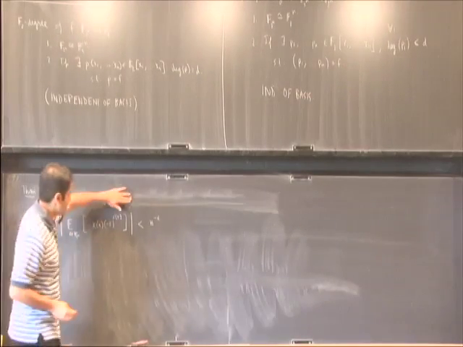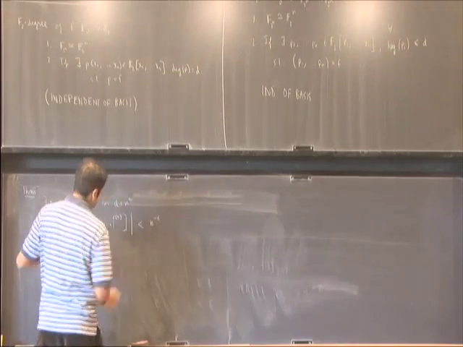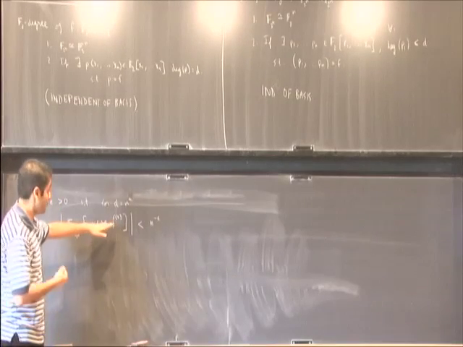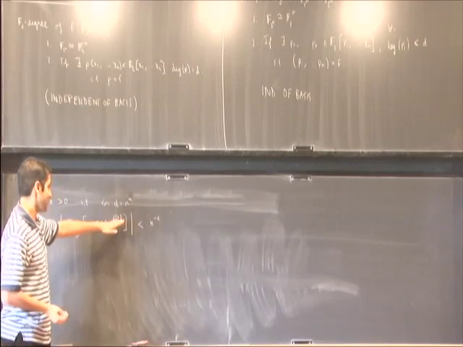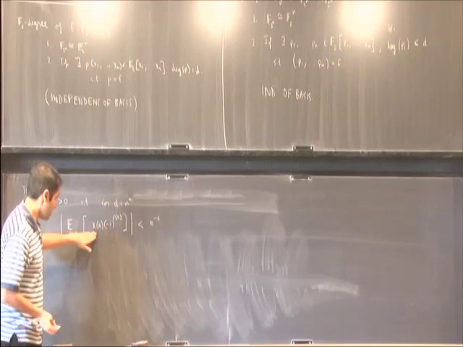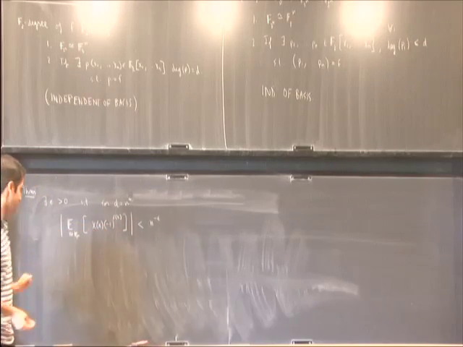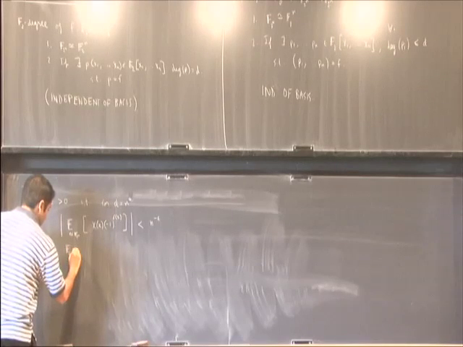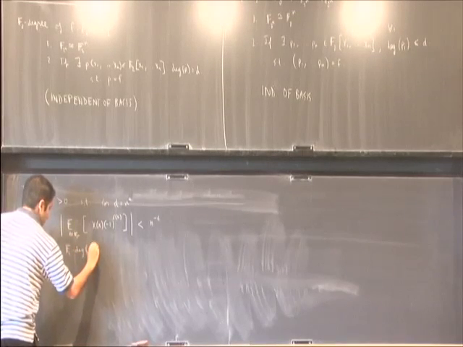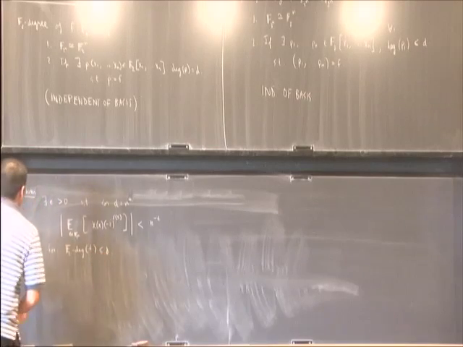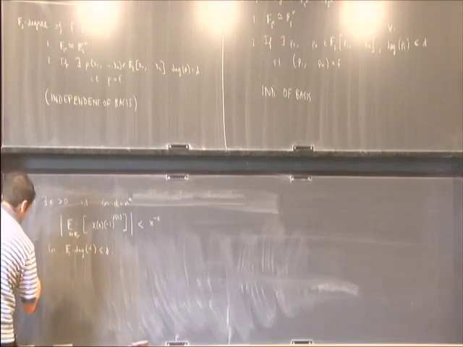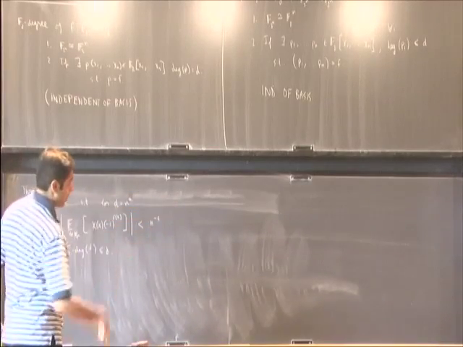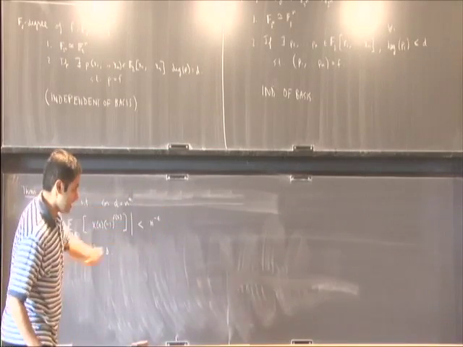So for functions of F2 degree at most n to the epsilon, the multiplicative character does not correlate with such functions. That's the first statement. The second statement is, in this bottom setting, exactly the same kind of thing.